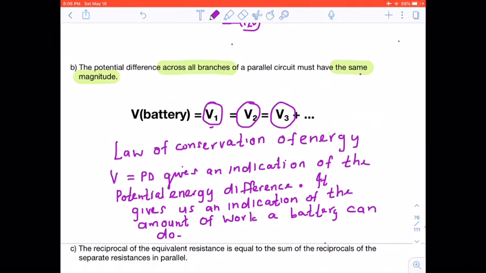And if we know the potential energy difference between the two, we know that the battery can do work, and the change in potential energy of the battery is an indicative measure of the amount of work that the battery can do.